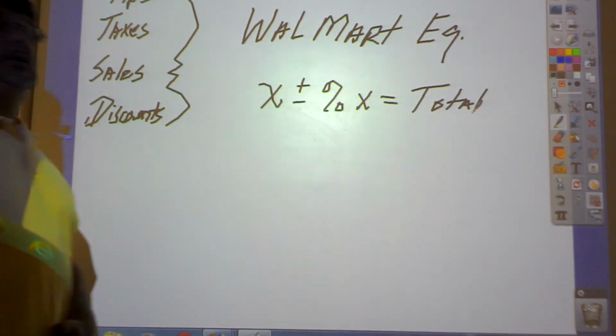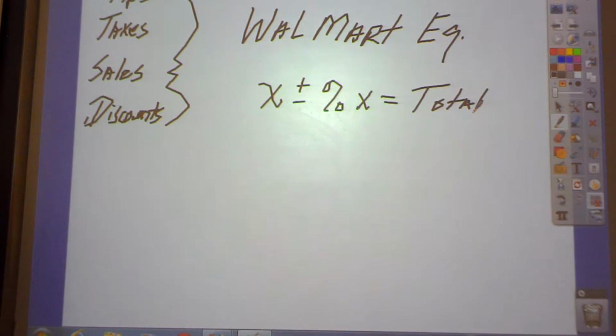Now everybody in here has used this before, because everybody in here has gone into Walmart with just $10 and having to buy 3 or 4 things, and you having to count your pennies to make sure you don't go over the $10 or whatever you have in your checking account. And you go, okay, this is $3.95, so that'd be $4 times 5 cents or whatever, that'd be 20 cents. So that's going to be $4.20. You do that in your head.